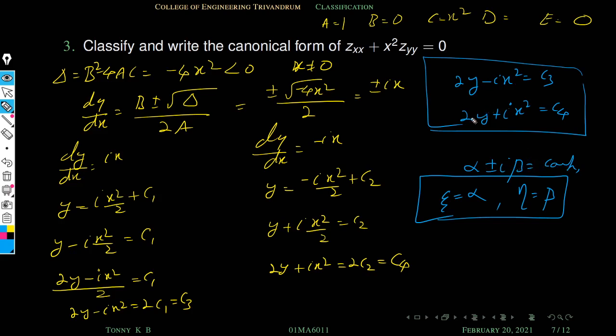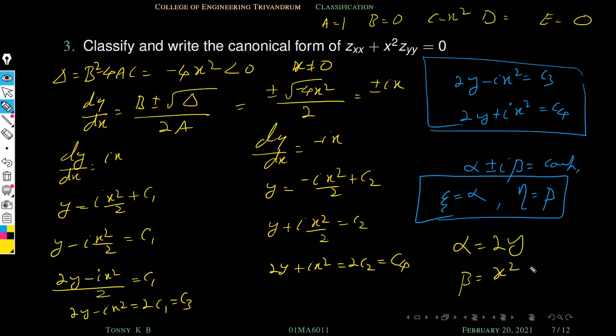In this problem, what is our alpha? Alpha is 2y. And what about beta? Is it ix square? You compare.